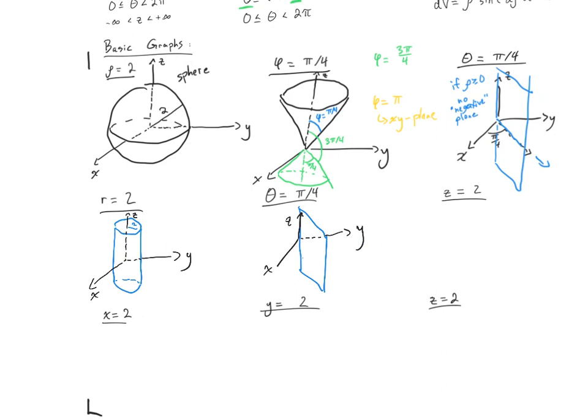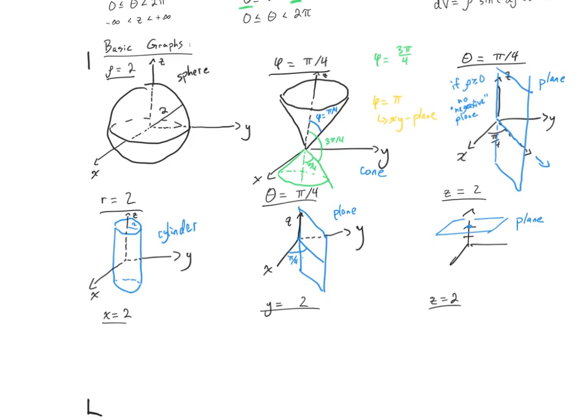So here's the line that they run on, and here's the pi over 4 angle, so it's the same as up above in spherical. And if z equals 2, we have a plane going through z equals 2. So we got a plane here, we got half of a plane, and this is a cone. And here's a cylinder.